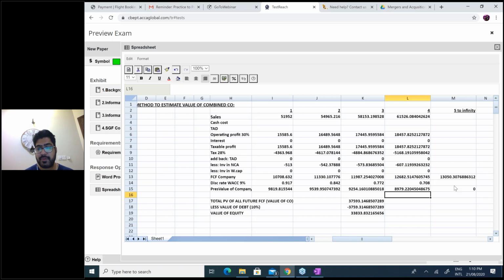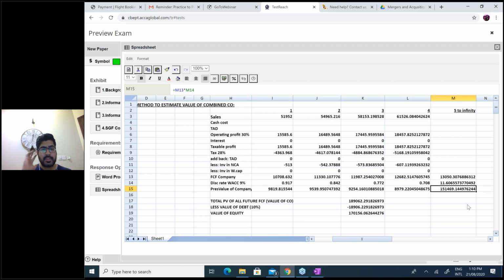And again, 5 to infinity, last discount factor, 0.708, over WACC minus growth rate. So what is WACC? 9% minus growth, that is 0.029. Remember? 2.9%.